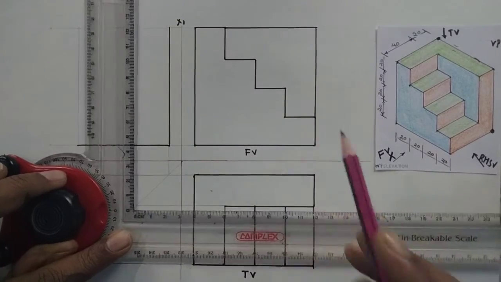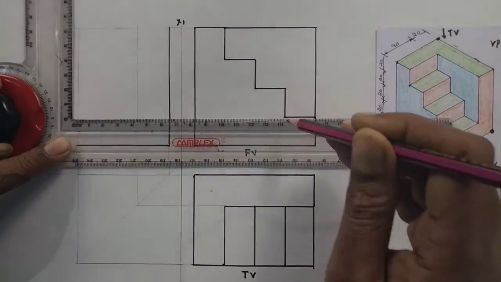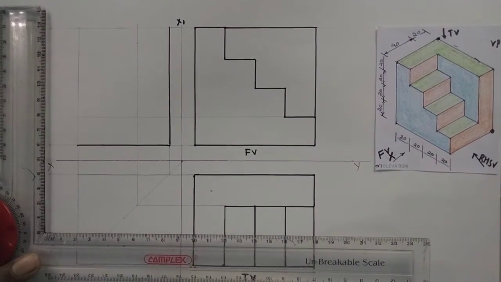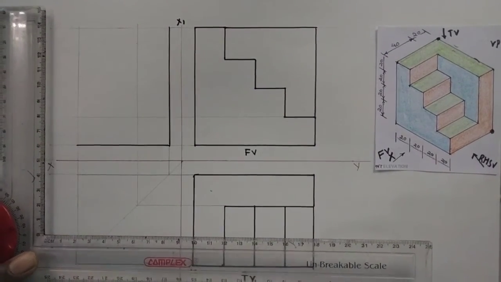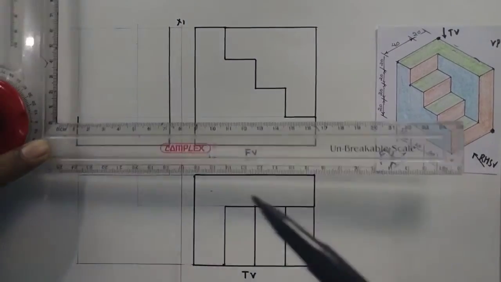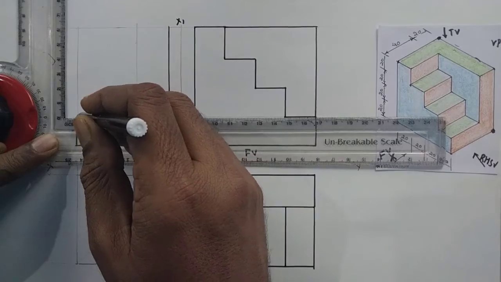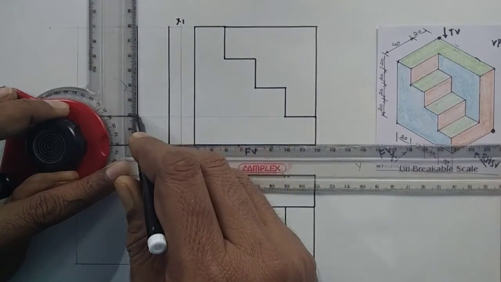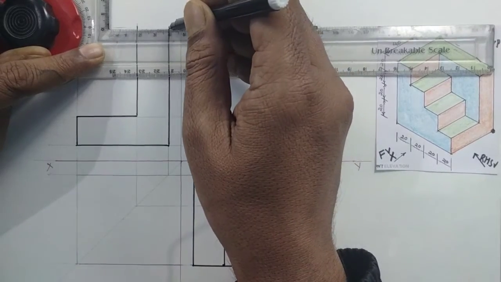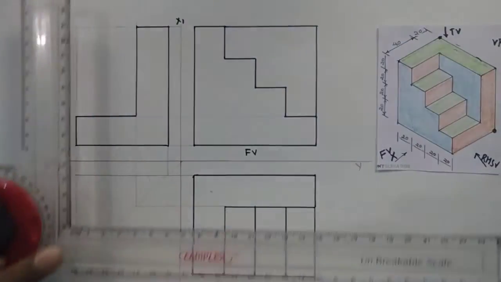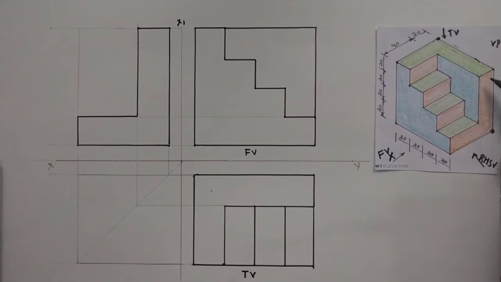So from this corner we take the projection. So now you have the L shape. So I can create this lining with a dark line in the intersection area. So it is the L shape.